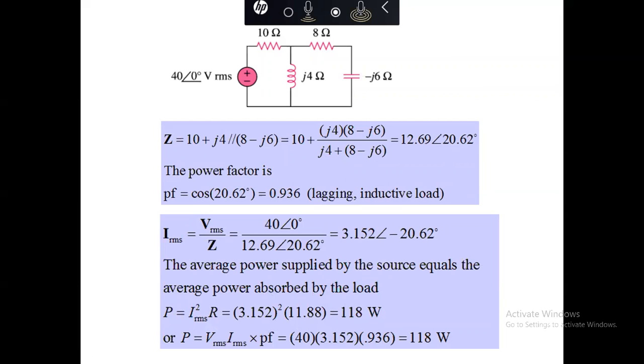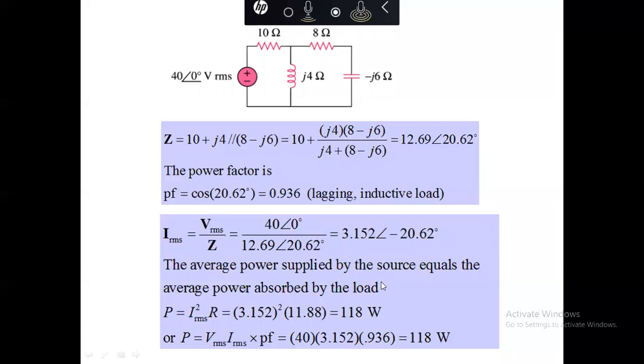So here there is a question: what's the difference between the average power of the network and the real power? In fact, the average power and the real power are the same thing.